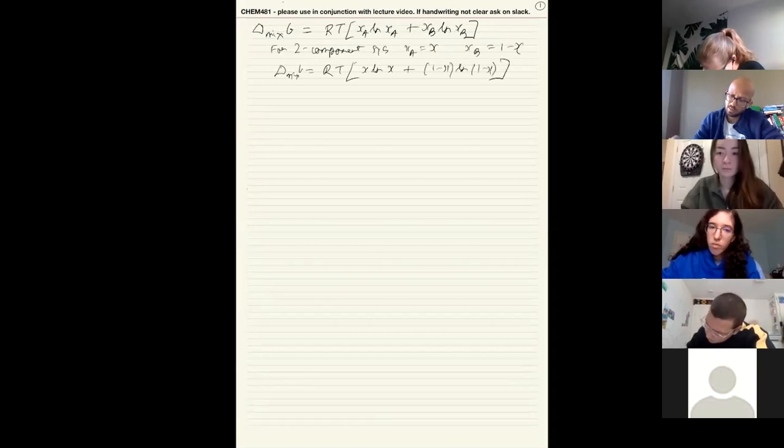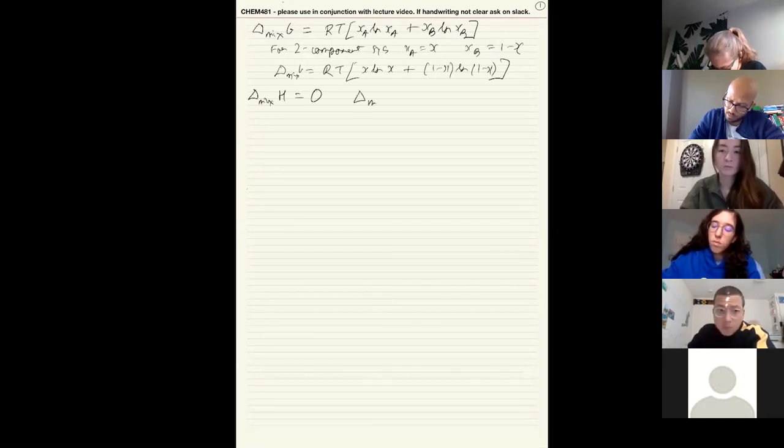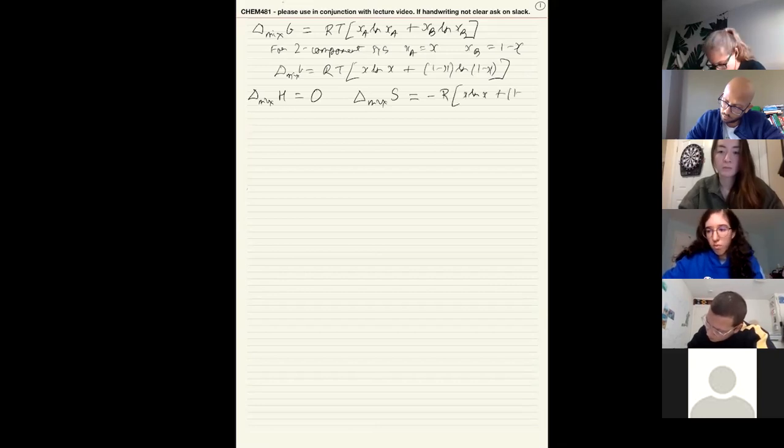And this is an important expression. First of all, it shows to us that delta mix H is equal to 0 and delta mix S is equal to minus R (X ln X plus (1 minus X) ln (1 minus X)).